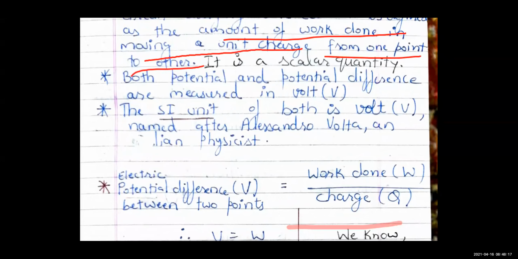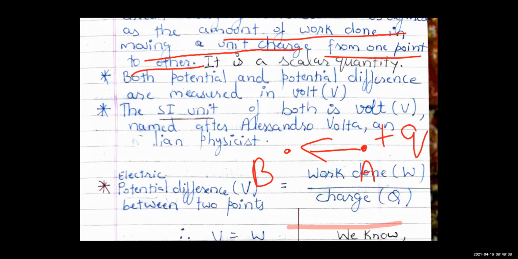So children, what happened here? Here the word infinity has disappeared. So you are just bringing a charge from one point to another. So you are bringing it from point A to B. If you want to bring the charge from point A to B, you have to do some work.